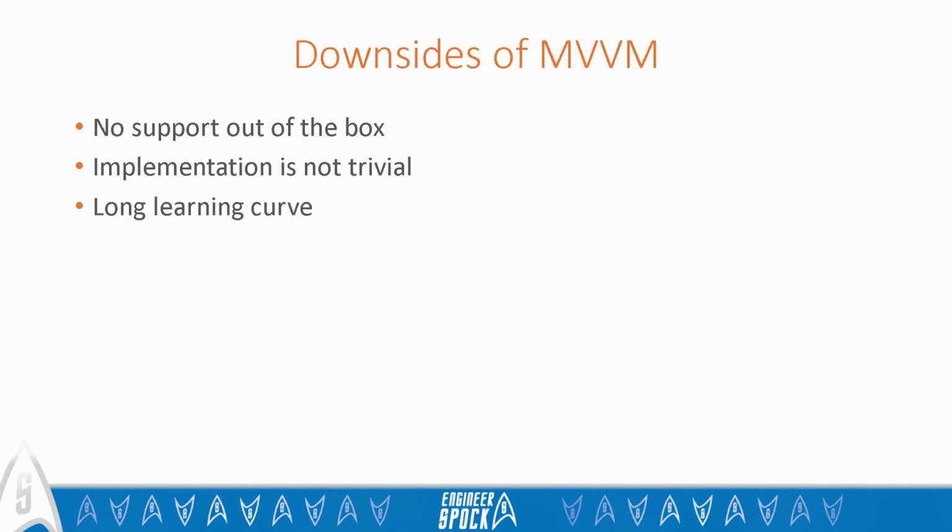Third, the learning curve might be long. Of course, it depends on the experience of a certain developer, but generally speaking, MVVM is a very supple pattern, which is comprised of many patterns which are specific to the MVVM design pattern itself. So it might take a decent amount of time to understand the MVVM pattern and all related peculiarities in depth.